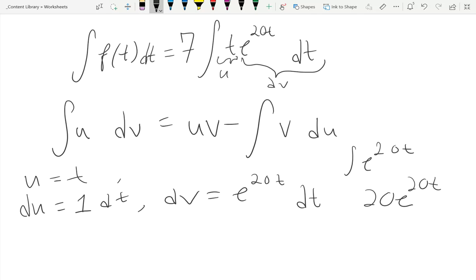That's the derivative, so the other way would be to divide by 20. So it's 1 over 20 times e^(20t), with e^(20t) in the numerator.